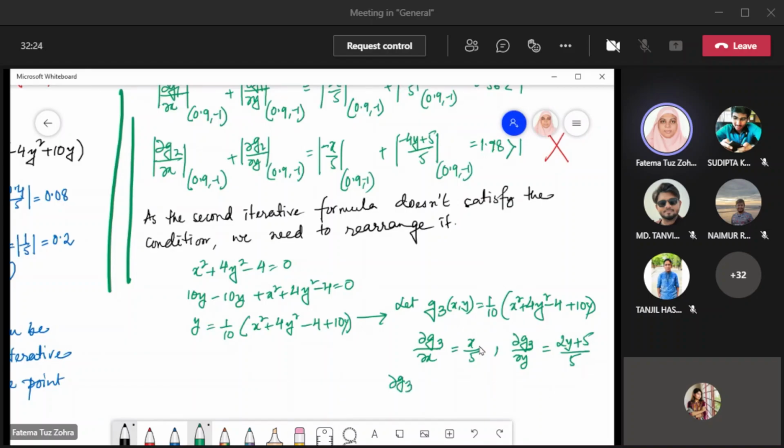So let's check del g3 del x at the point 0.9 and minus 1 plus del g3 del y at the point 0.9 and minus 1. The value is 1.98.